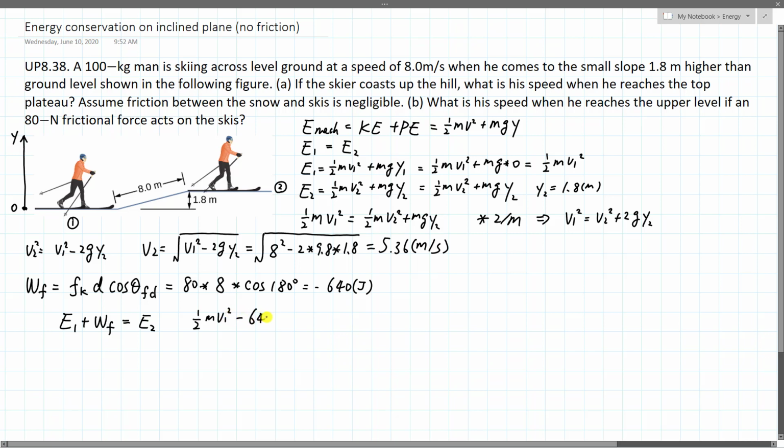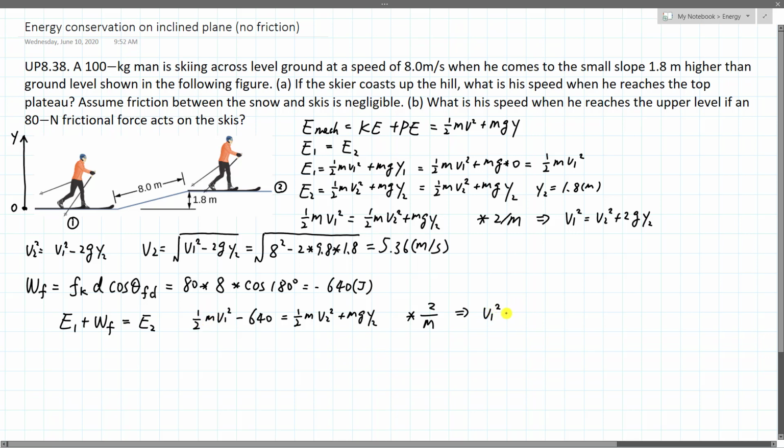Minus 640 equals 1/2 m v2 squared plus mg y2. We can still proceed to do this times 2 divided by m. M is 100, so this is the same as divide by 50. So whichever term has the m is gone, and then multiply by 2.